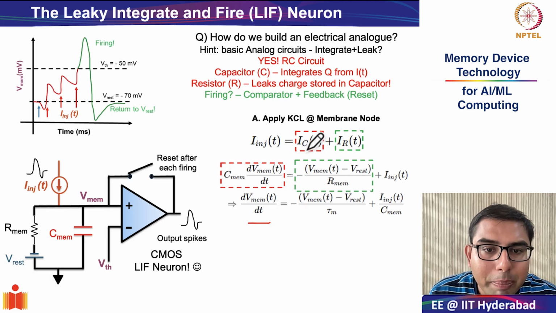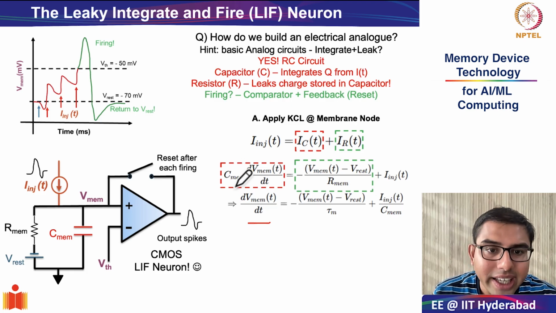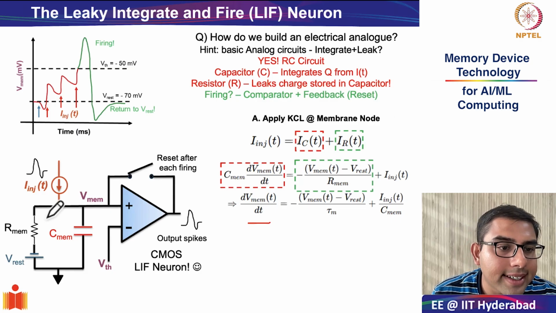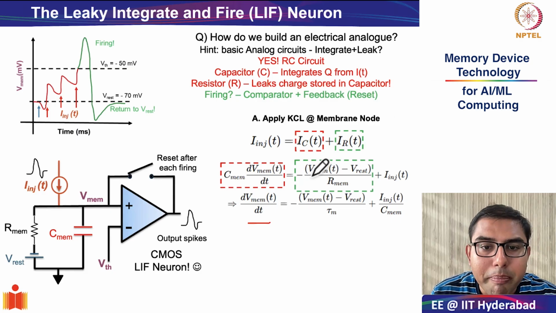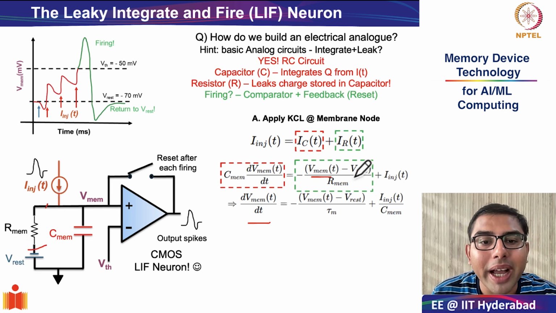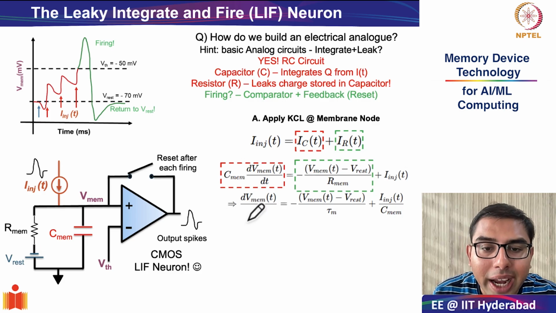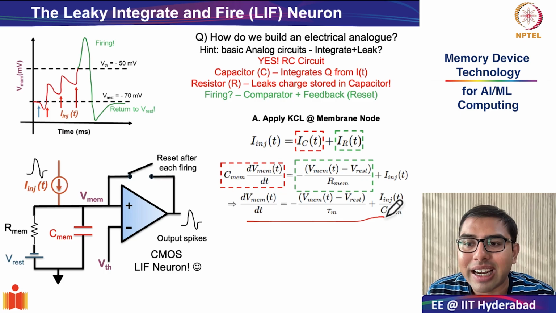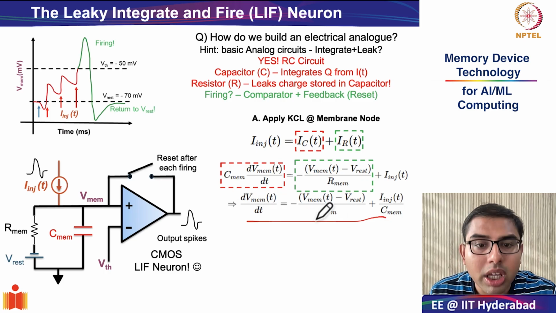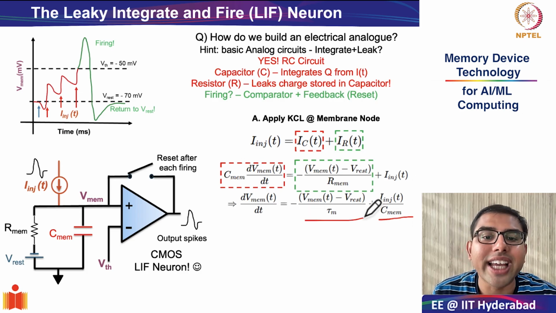In the capacitive branch, the current is C_mem dV/dt, where V is V_mem, and in the resistive branch, the current is (V_mem minus V_rest) divided by R. If you rearrange the terms, you see this final fundamental equation, which dictates that the change in membrane potential as a function of time depends on the integrated current, which is the second term, and also the leakage component.